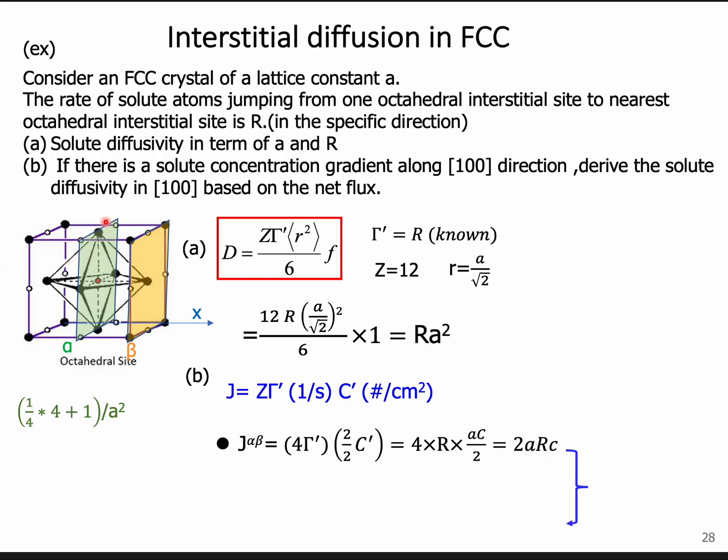And as we mentioned, in order to use Taylor expansion, we want to modify the C-prime by C plus A over 2 partial C partial X. So use this 2 minus this 1, and we get the diffusivity expressed like A squared R, the same as what was derived in question A.